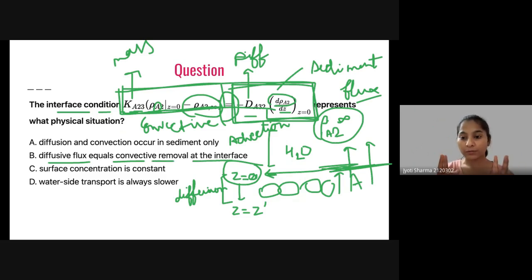Two things you have to keep in mind. First, if it is moving in the sediment, there will be diffusion. Whenever it crosses that interface, that film, the convective term becomes more dominating. And because we assume there is no accumulation, the diffusive flux will be equal to the convective flux. This is what is shown in this equation. So that's how B will be the right answer.